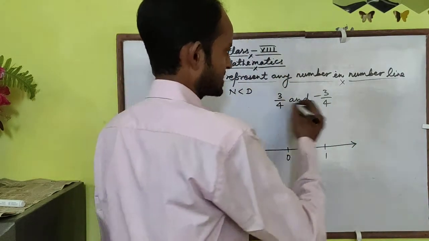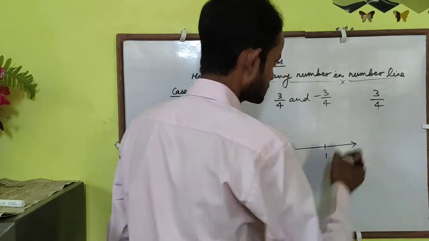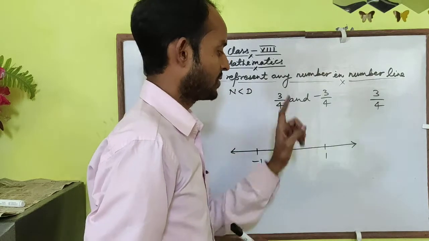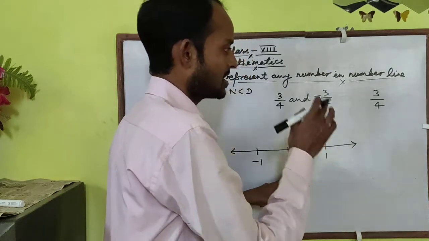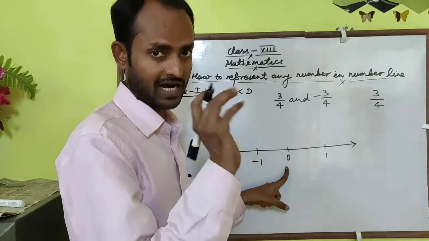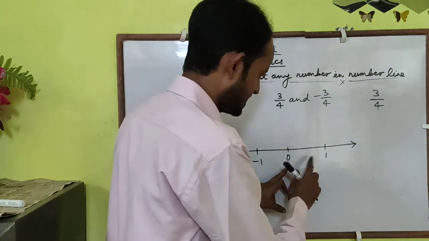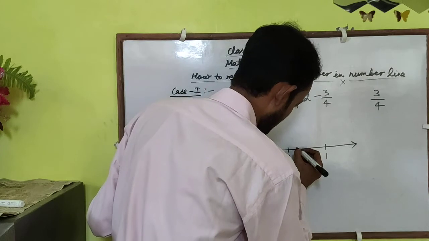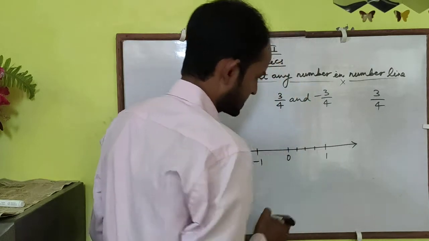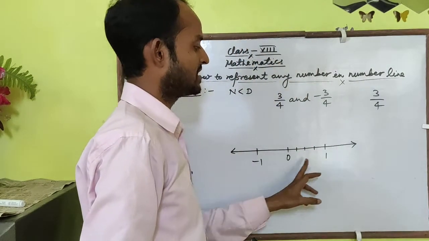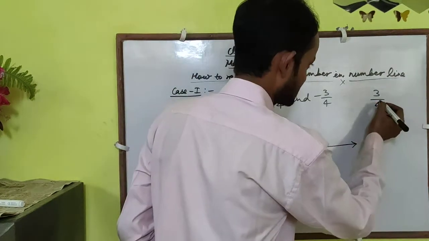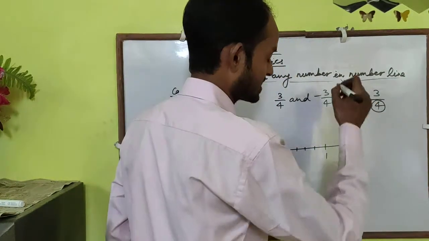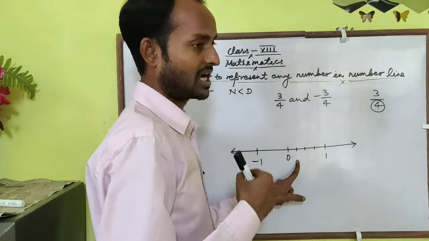Now let us take 3 by 4. What does the denominator say here? It says that we have to divide the length 0 to 1 into 4 equal parts. 1, 2, 3, 4 equal parts. The denominator tells us this. And what about the numerator? The numerator says how many parts we have taken.